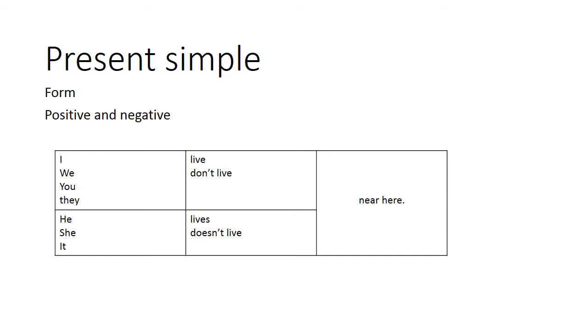I live near here. She lives near here. Or if we use the negative, we say, you don't live near here, and we can say, she doesn't live near here.